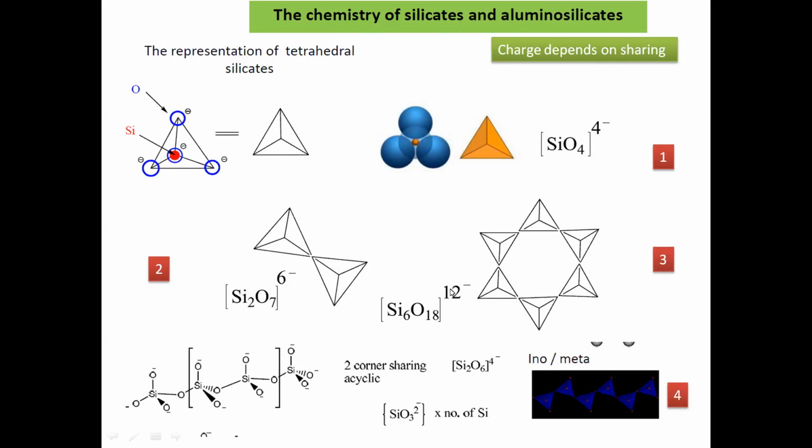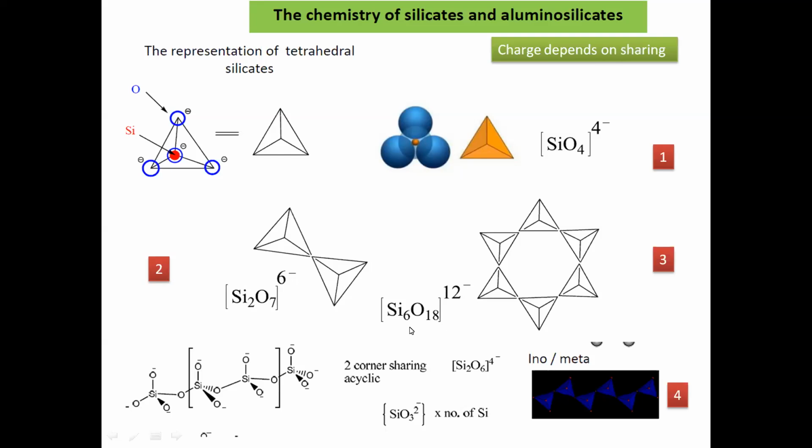Now using this smallest motif, we must move forward and make more complex motifs. In one case you can see two tetrahedra connected and corner sharing. In this case, the unit is Si2O7 6 minus, because oxygen is being shared, so the charge has reduced.